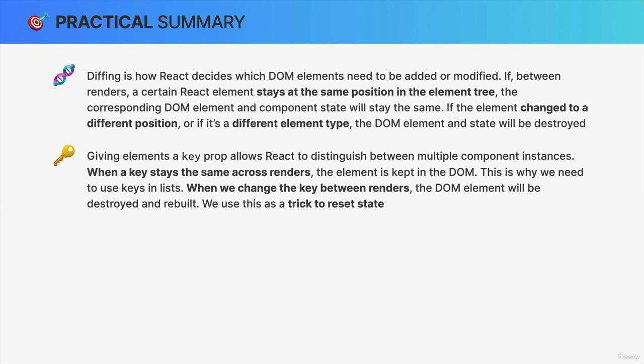And so this is the reason why we need to use keys in lists, because it will prevent unnecessary recreations of elements in the DOM. Now, on the other hand, when we change the key between renders, the DOM element will be destroyed and rebuilt.